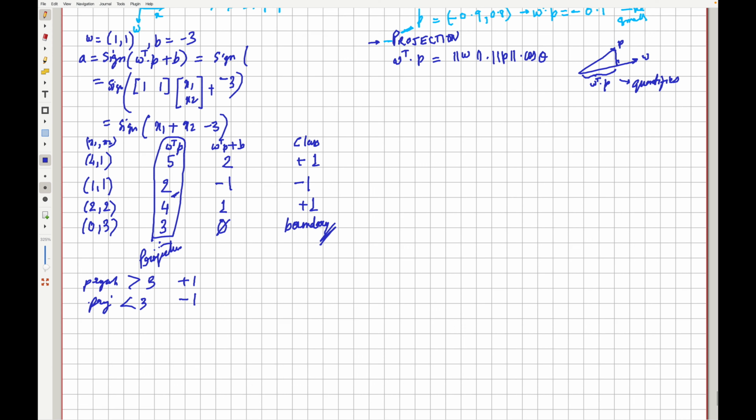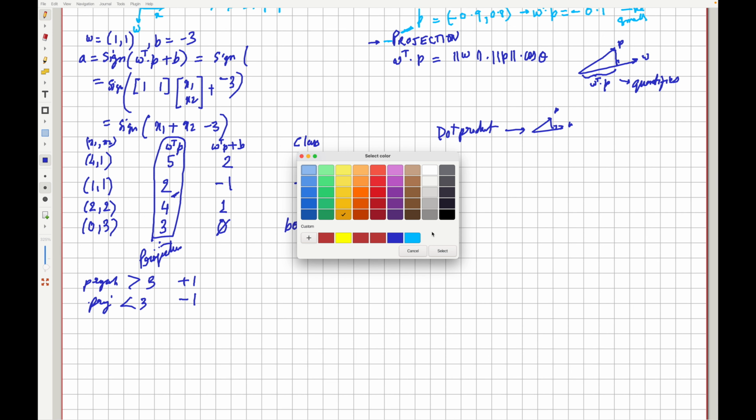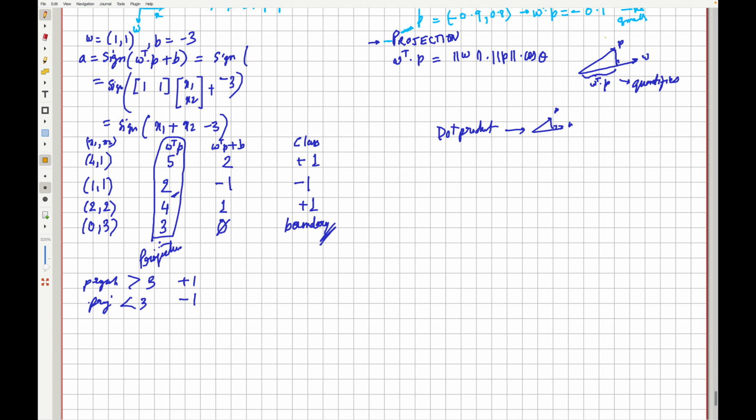So in the end, what the dot product, or inner product, helps us do is project the input P onto the weight direction that we have. A very simple intuition about projection is to think of shining a light.